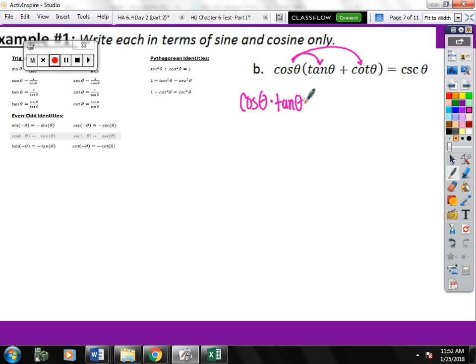And if you want, you can leave off the theta if it's bothering you. I don't really care if you don't want to put the theta. I'm okay with it. And then cosine theta times cotangent theta equals cosecant theta. So all I've done is I've distributed a cosine.